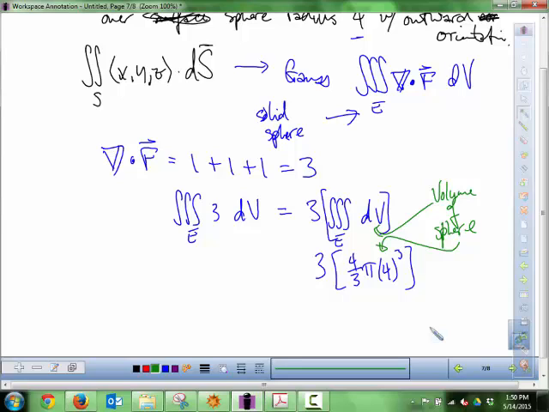Instead of doing a flux integral, parametrizing the sphere, and dotting it with x, y, z, and doing all that mess, we were able to compute this using the divergence theorem or Gauss's theorem by a triple integral, where our div became a lot simpler to deal with, and then our triple integral turns out to be not even an integral at all.